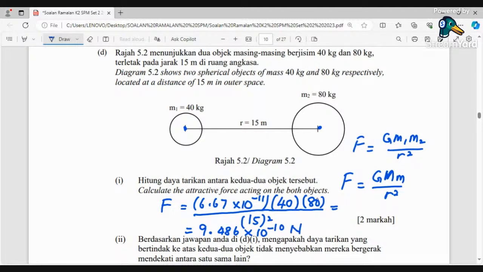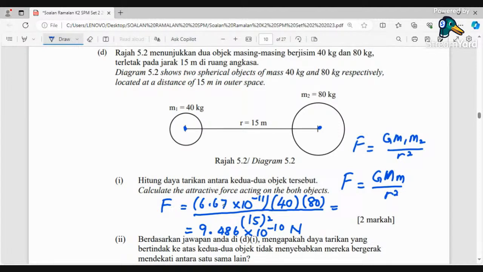Okay, so very small force between the molecule. Sama macam if you are sitting beside your friend, very short distance between you all and very small mass. So when very small mass, it will cause a small force of attraction. You cannot feel the force.